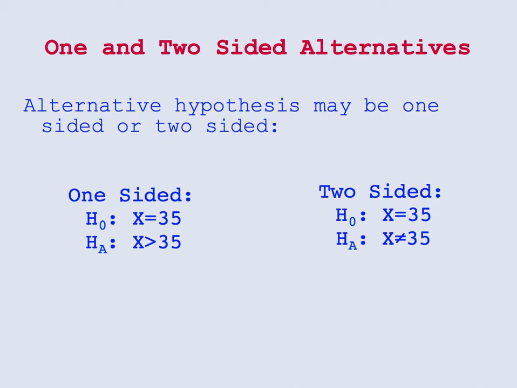So we're looking for an alternative hypothesis that's on one side of the null hypothesis. Conversely, we can have a two-sided alternative hypothesis, such as a null hypothesis that x is equal to 35, and an alternative hypothesis that x is not equal to 35.